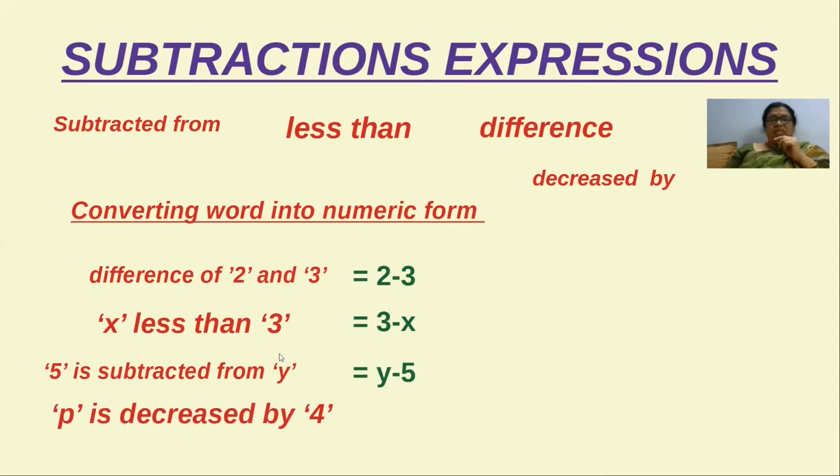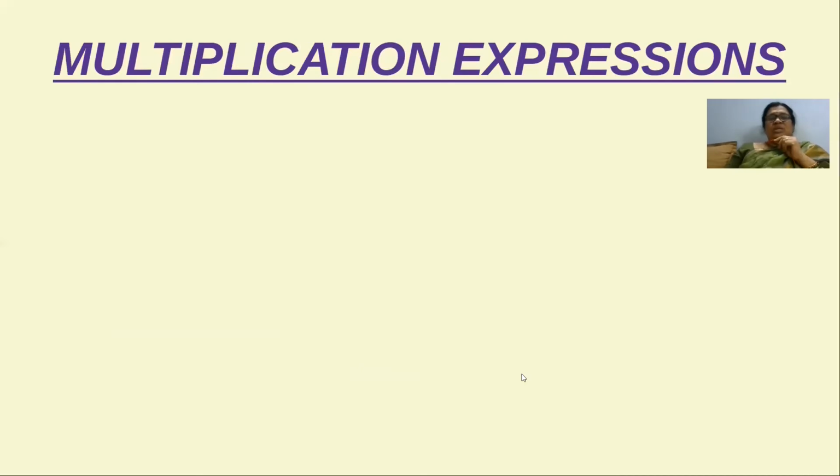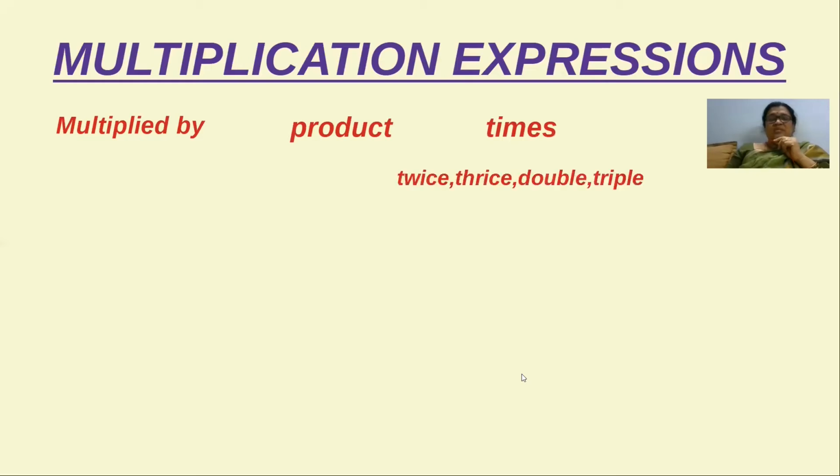P is decreased by 4. So the value P is decreased by which amount? By 4 units. So this can be written as P minus 4. Multiplication expressions are like multiplied by, product, times, twice, thrice, double, triple.